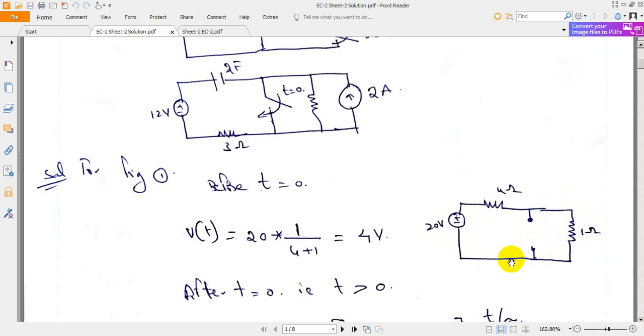So, under the voltage division method, we can write V of t is equal to 20 into 1 by 4 plus 1.